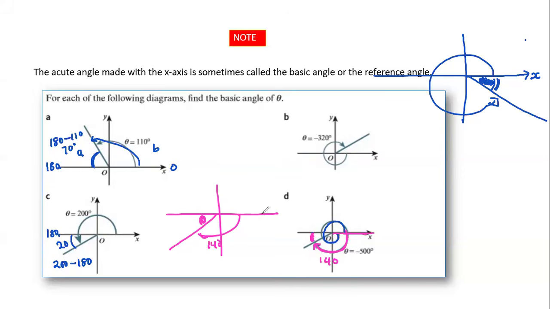The smallest one. Oh, so the reference angle is 40. Is 40. Very good. How did you get 40? I subtracted 180 minus 140. Okay, perfect. Thank you very much, sir.